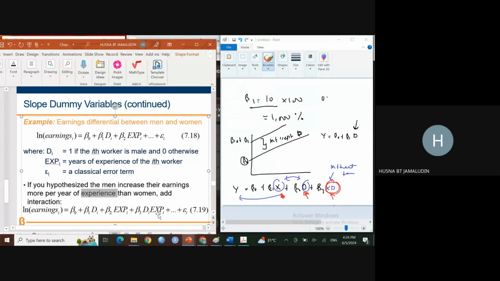And of course, this variable is relevant because combinations of these variables, what we call interaction terms, have a different impact on the earning. Sometimes it is even stronger. Sometimes the impact of the dummy is not significant, and the impact of experience is not significant.